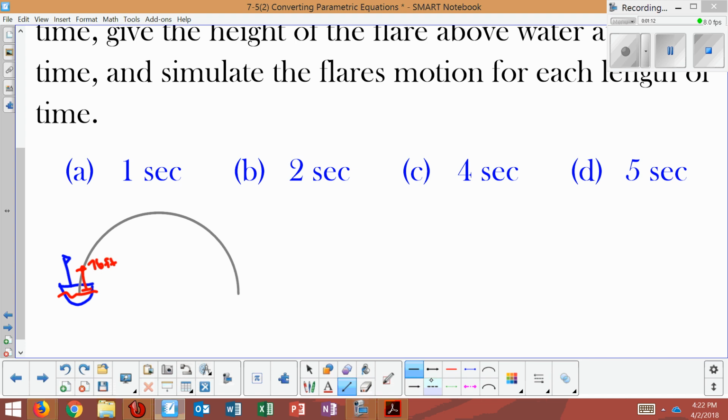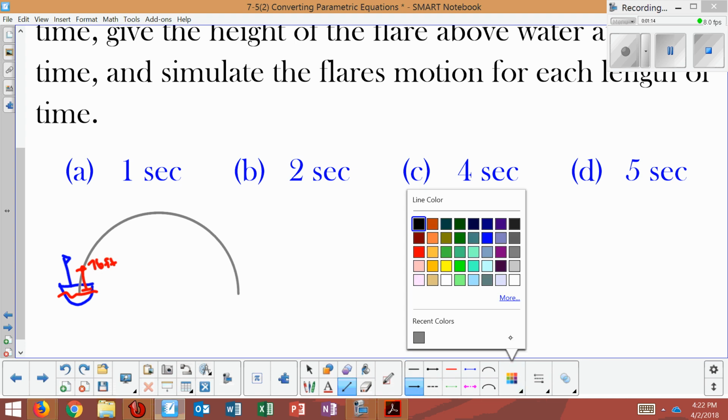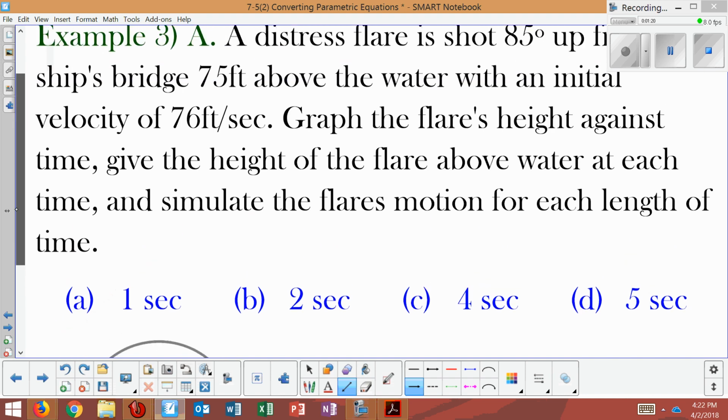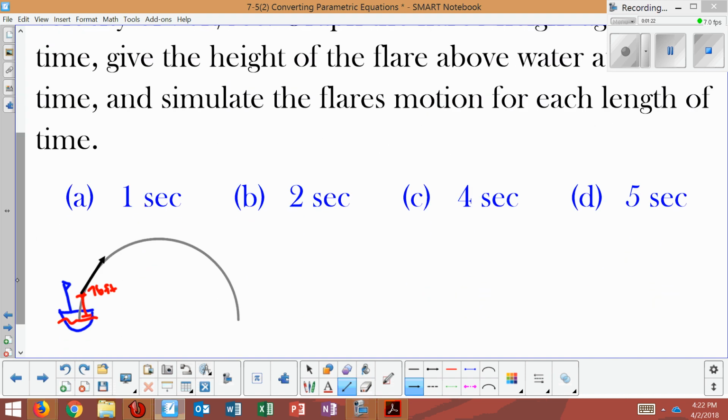And not only that, whenever we shoot, it actually comes out like a vector. So this comes out straight like this, and it comes out at 76 feet per second.